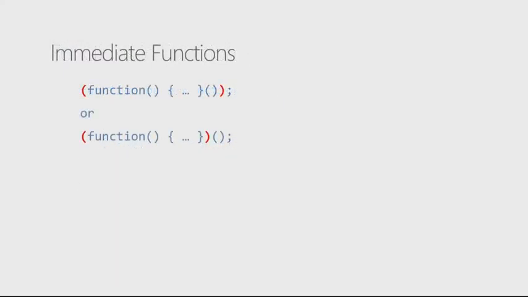So let's go ahead and return back now and talk about immediate functions. There's a couple ways that these have been referred to. Sometimes you'll hear them called self-executing functions. I'm giving you two flavors on the screen right now, how they can be declared.